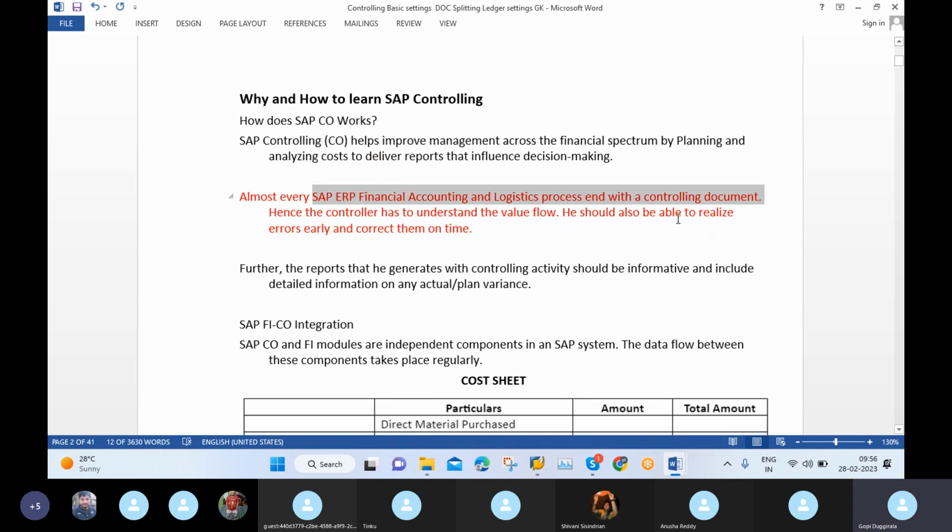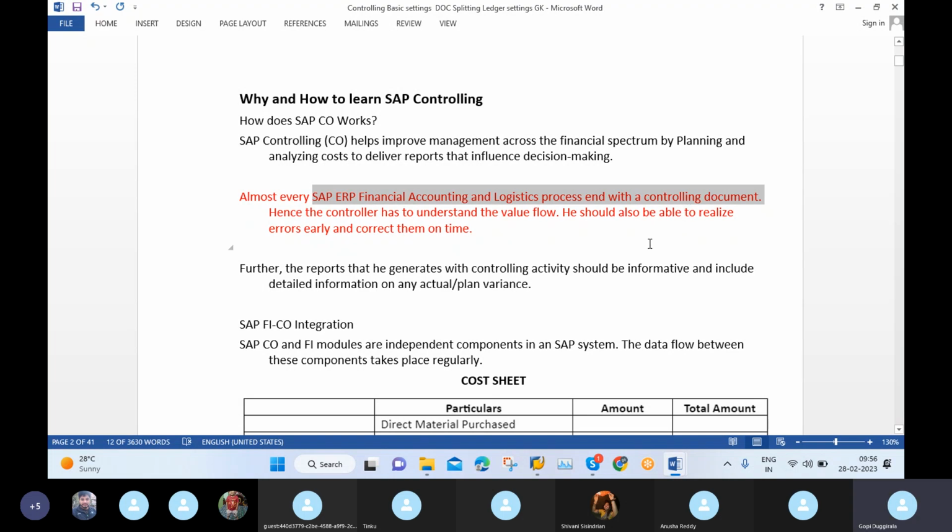Yesterday already I told you, especially there is an integration between FI and MM. Logistic is nothing but MM module, material management. There is an integration between FI and MM. At the same time, there is an integration between MM and CO. MM and CO also we need to integrate. Why? Because in CO, what can we capture?